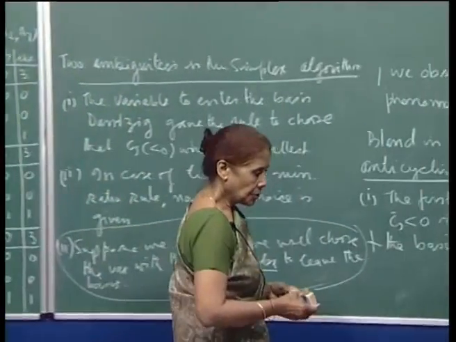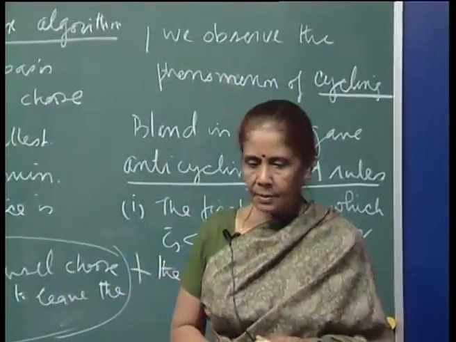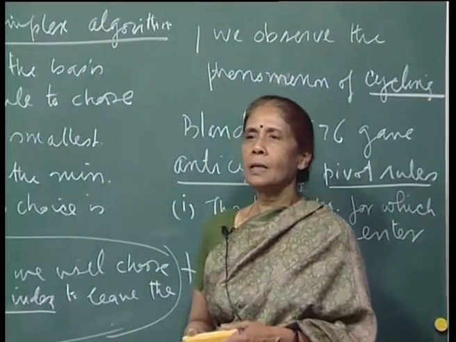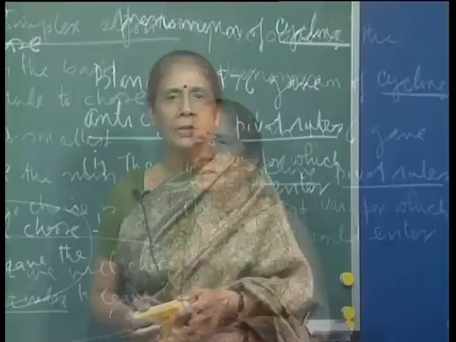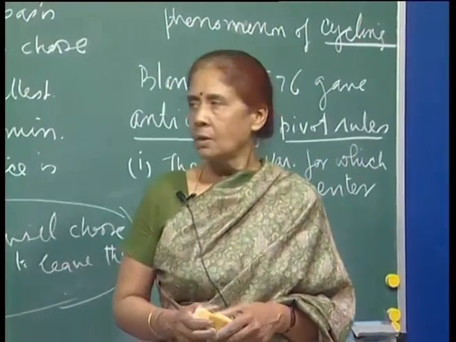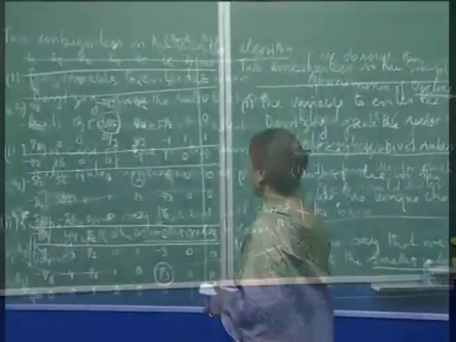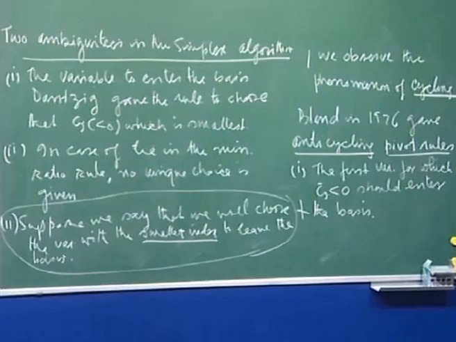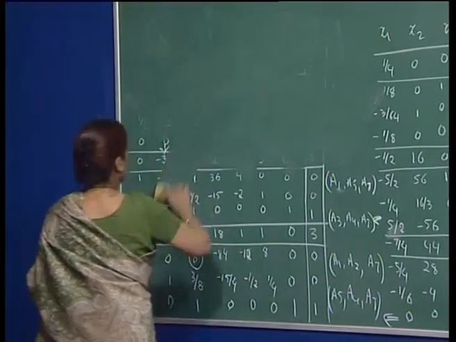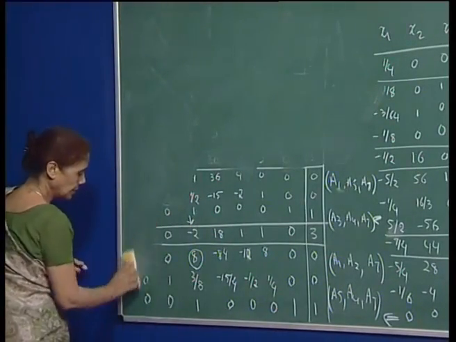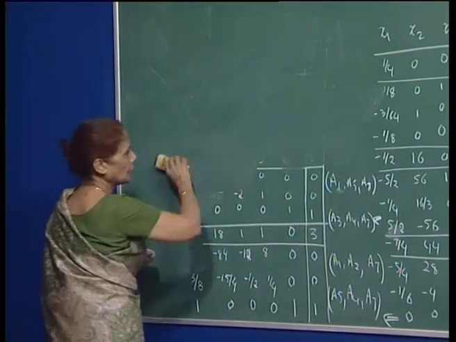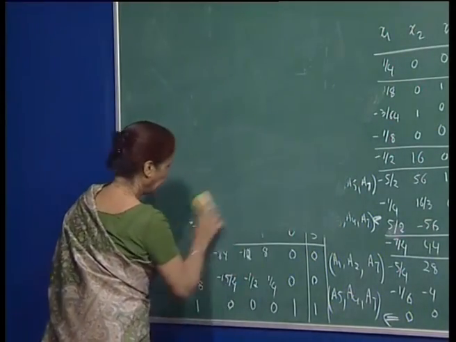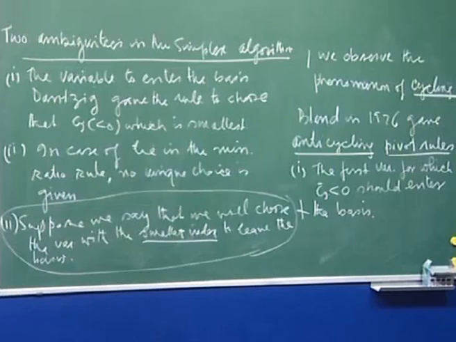Now the second issue that we have is that you may not always be very lucky to get a starting feasible solution by inspection. So let me start on that now. And so once we make sure that we have a definite way of getting a starting feasible solution, the algorithm is all set, and we also have to take care of another assumption that we made in the beginning, that our LPP is feasible.